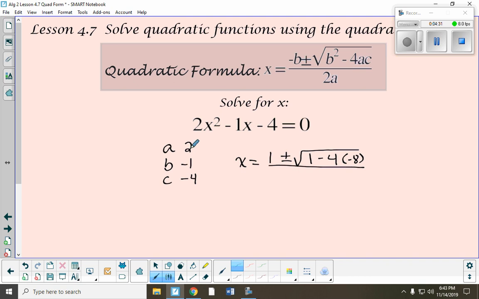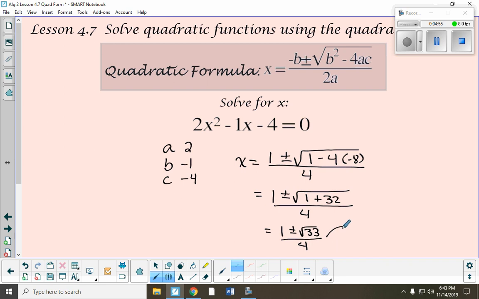All over 2a, so 2 times 2 is 4. Now let's simplify underneath the square root. So that would be 1 plus 32 over 4, which is 1 plus or minus the square root of 33, and that's all over 4.